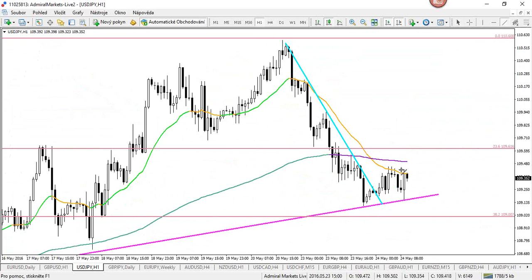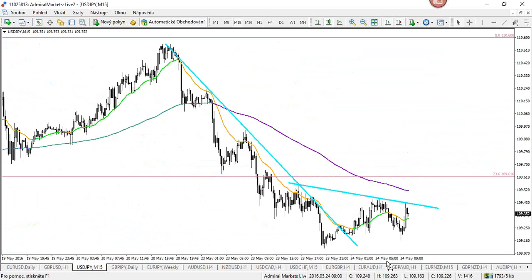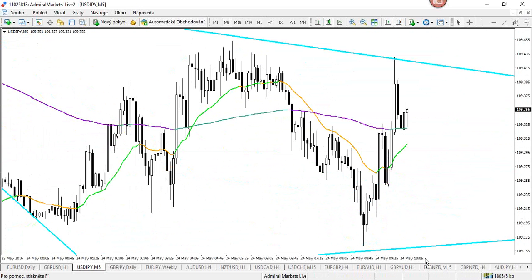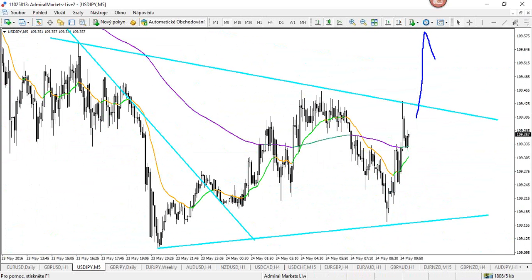Now, it is a triangle at this moment as well. A smaller triangle. This is not an hourly. Perhaps this is a 15-minute triangle at best. All right, so a 15-minute candle above this trend line. That's the break of the pattern, and I would have to zoom into the 5-minute chart in that case, to look for a bull flag, and a break of that bull flag is a continuation.